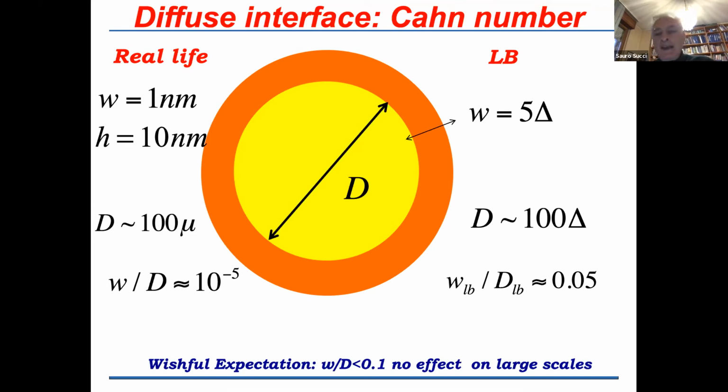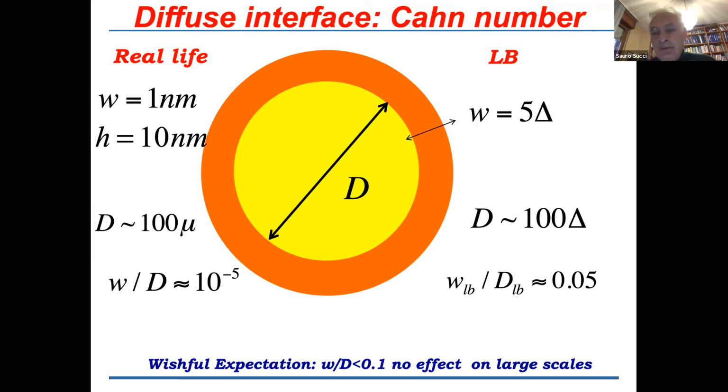Lattice Boltzmann, like any other diffuse interface method, has a finite width, which is a few lattice spacings, okay? So you cannot make the interface sharper than that. If you have a delta x of, say, 1 nanometer, you have an interface of 5 nanometers.